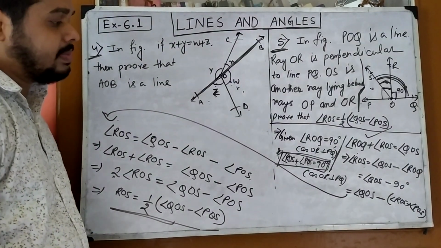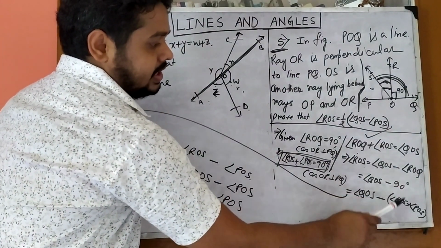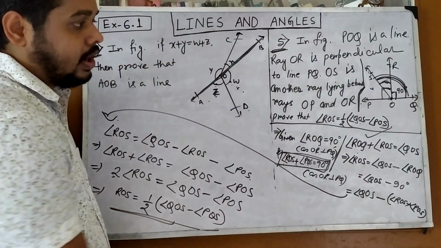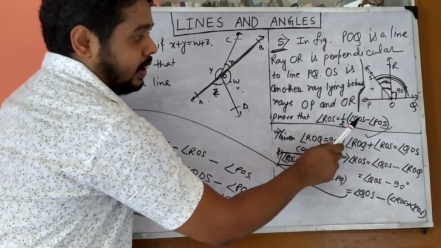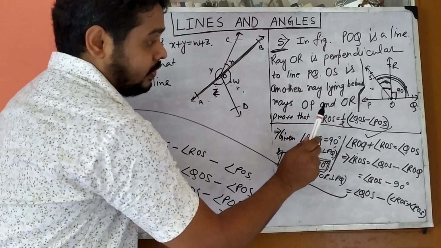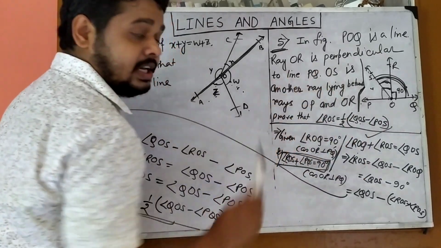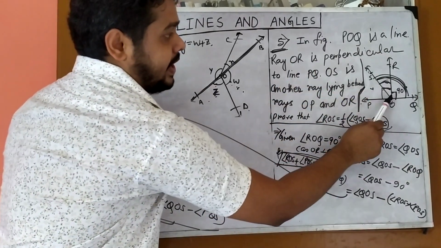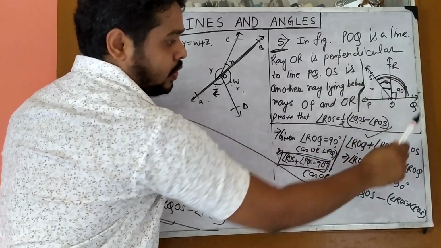Now your question may be, why do we have to prove it equals 90? Because we always have to keep in mind what we have to prove. We have to prove ROS in relation to QOS and POS. So ROS equals, we can write, QOS minus ROQ.